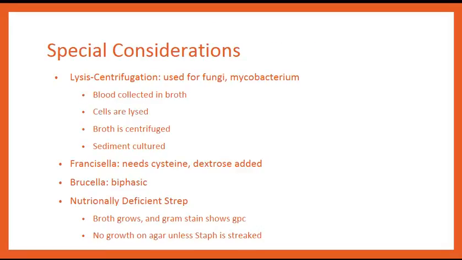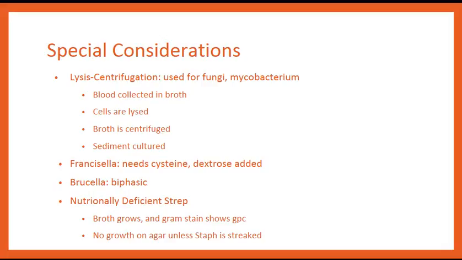Okay, special considerations. There is a procedure called lysis centrifugation, in which the cells, red cells and white cells, are lysed, and then you centrifuge the blood in the broth, and you culture the sediment. This is used for fungi and mycobacterium. Francisella has to have cysteine and dextrose.